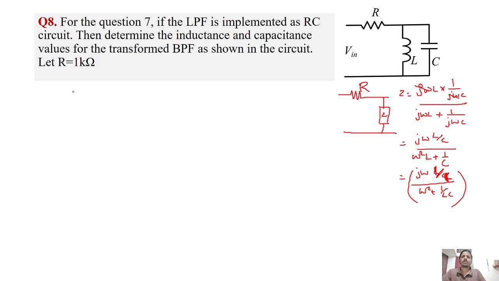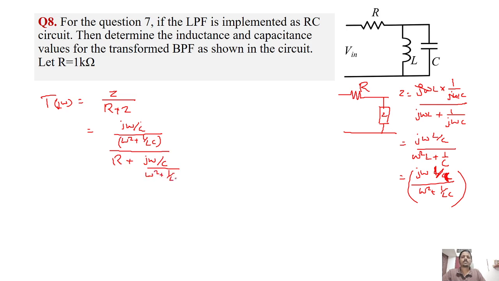Okay. So what is the transfer function here? The transfer function will be Z by R plus Z, right? So Z is j omega by C by omega square plus 1 by LC, divided by R plus j omega by C by omega square plus 1 by LC. Okay, so I'll bring this omega square plus 1 by LC to the denominator.